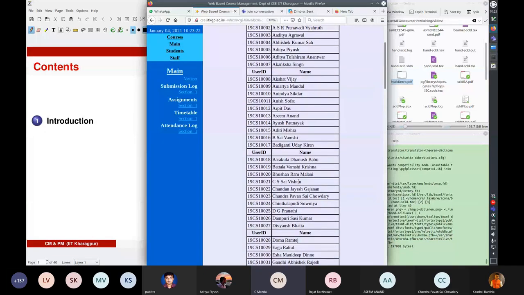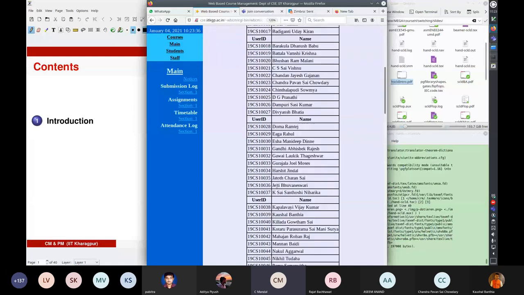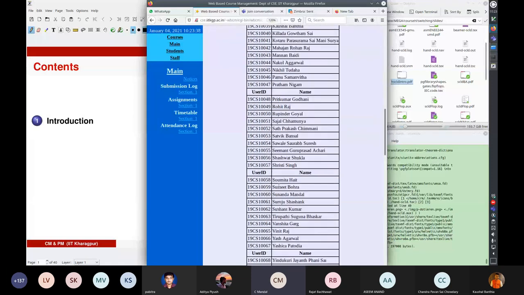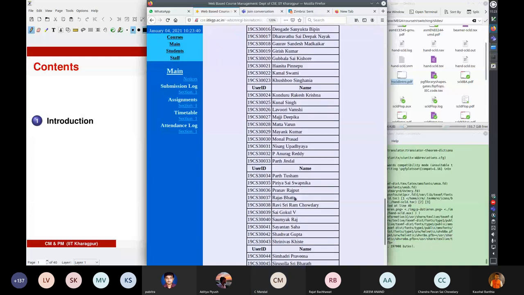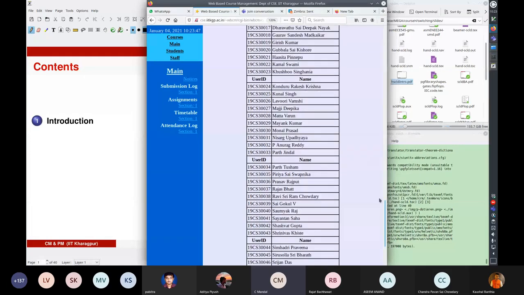If you have been left out, do get back to us and we'll include you. These roll numbers and names have been added from the information that I got from ERP. So please check whether your name is there or not if you have registered for this course.